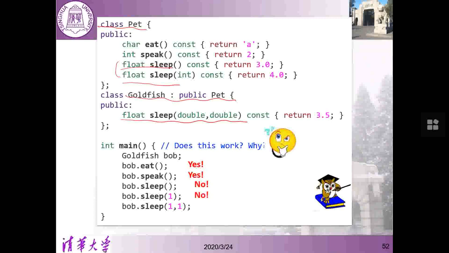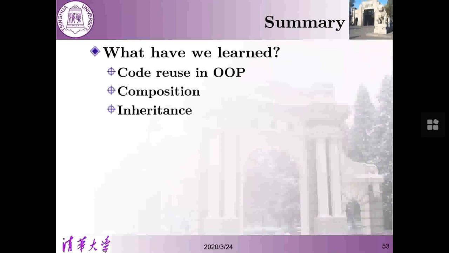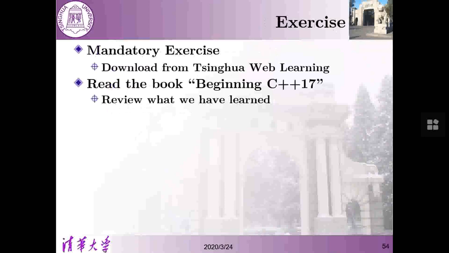If we want to access the interfaces from the derived object, this works, but this sleep does not work. There are two versions in the base class, so it does not work. Actually, this is called name hiding. Okay? So we'll learn this in the next class.